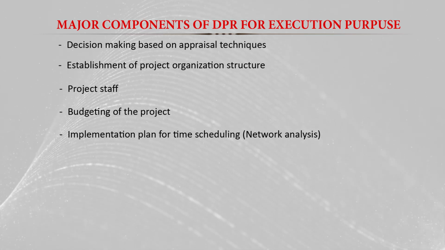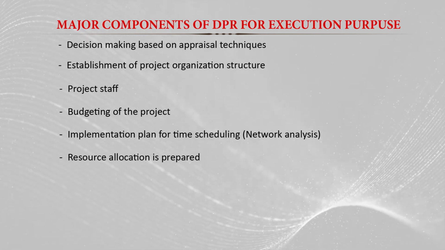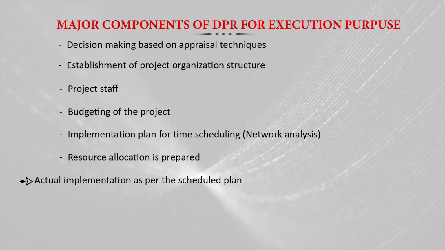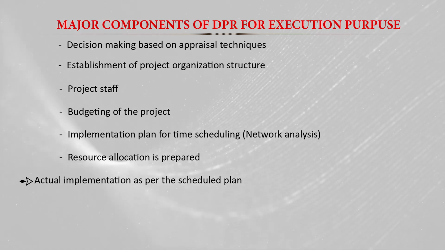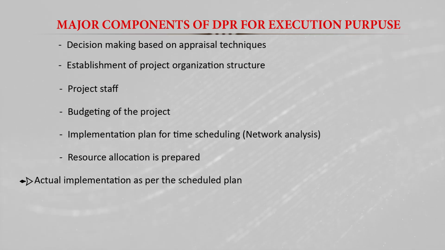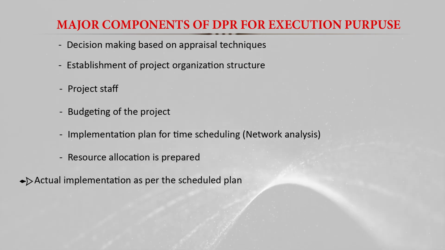Resource allocation is also prepared in the detailed project report. The actual implementation of the project is undertaken as per the detailed scheduled plan. So after preparing the schedule of the activities and their timing, we start the actual implementation of the project.